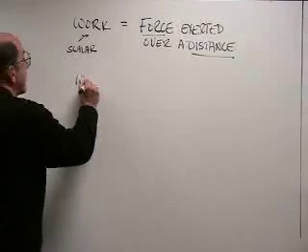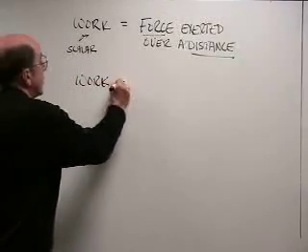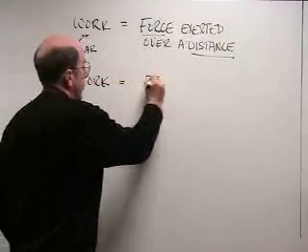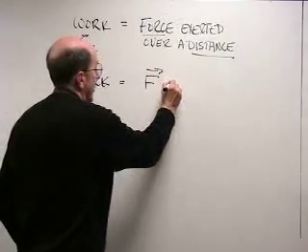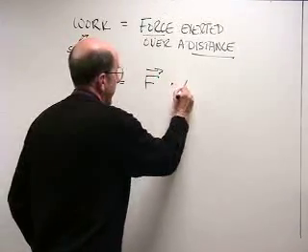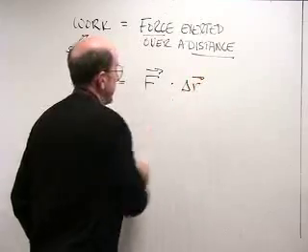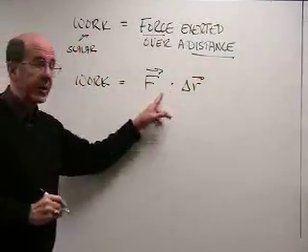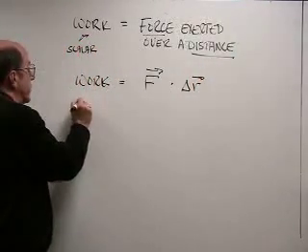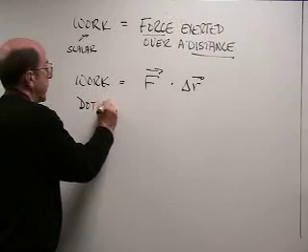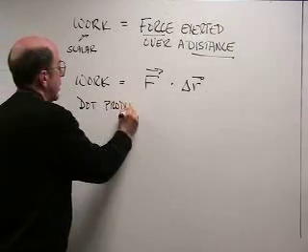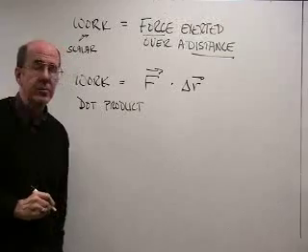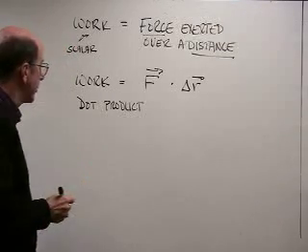Okay, so I'm going to define what work is in all of its full glory. Work is equal to a force dot producted with a displacement, and this is a vector dot product. It's sometimes called an inner product. You may have seen this in your math classes, but let me review it real quick.